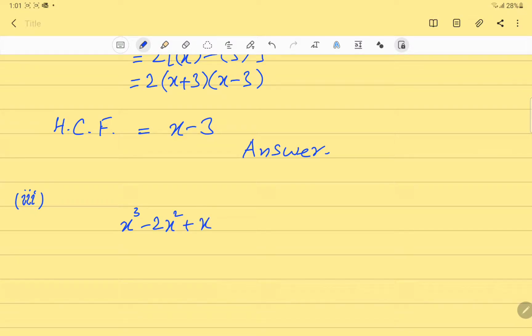Second one is x squared plus 2x minus 3.